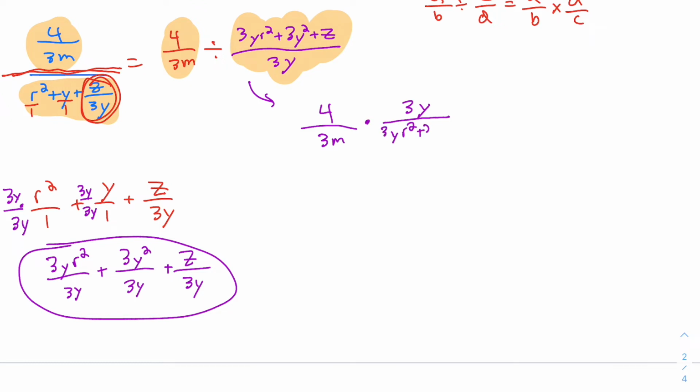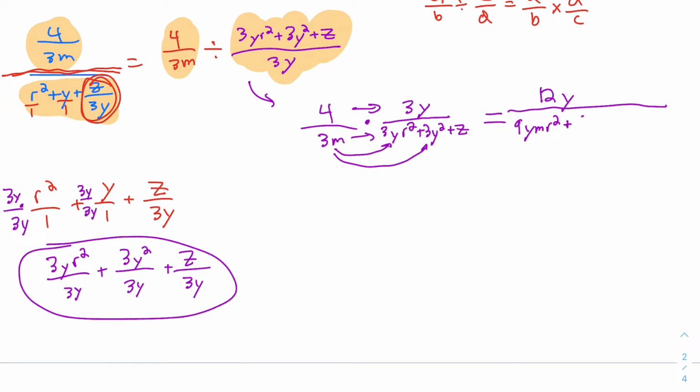And now I just have to use the fact that fractions multiply numerators, multiply denominators. In the numerator, I will have 12y all over, let's see, 9ymr squared, distribute to this term, distribute to the next term, plus 9my squared into the third term, plus 3mz.